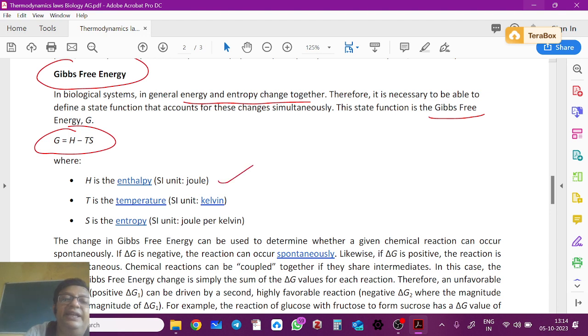H is the enthalpy, the internal heat, the internal energy present in a molecule. T is the temperature. S is the entropy. Entropy is randomness, measured in joule per Kelvin, energy movement per degree rise in temperature.